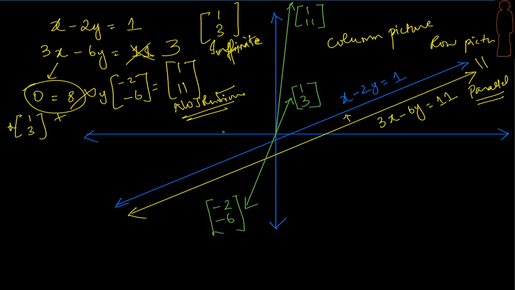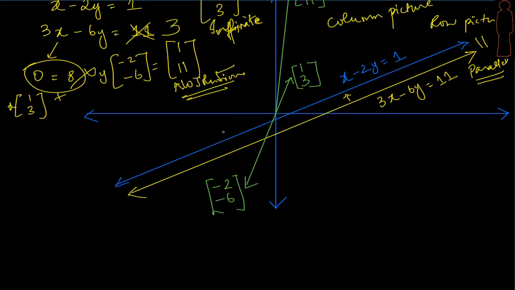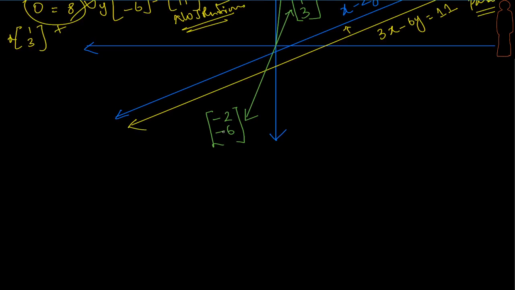Okay, so before we wind up this session, there is one last set of equations that I would like to show you and ask you what happens in this case. So here are two equations. Let's say I have 0x plus 2y equal to 4, and suppose it's given 3x minus 2y equal to 5, right?